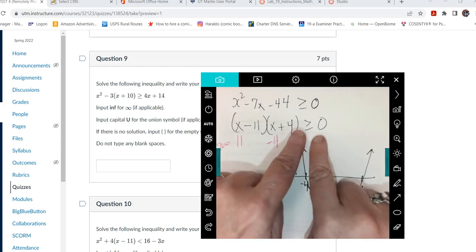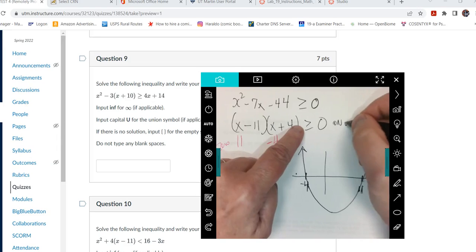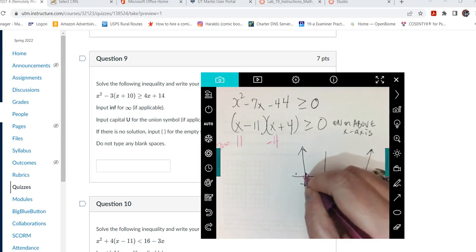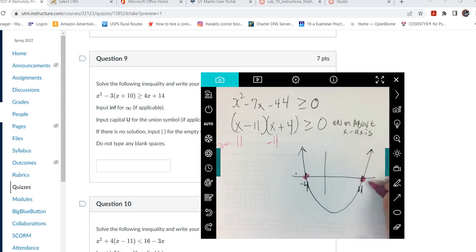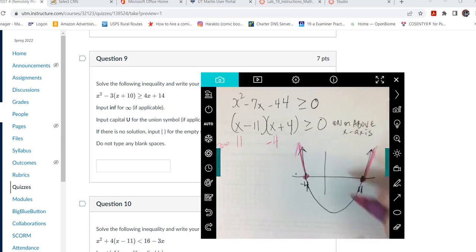And it wants to know, where is it greater than or equal to 0? That is, where is it on or above the x-axis? And we can see it's on at negative 4 and 11, and it's above there.